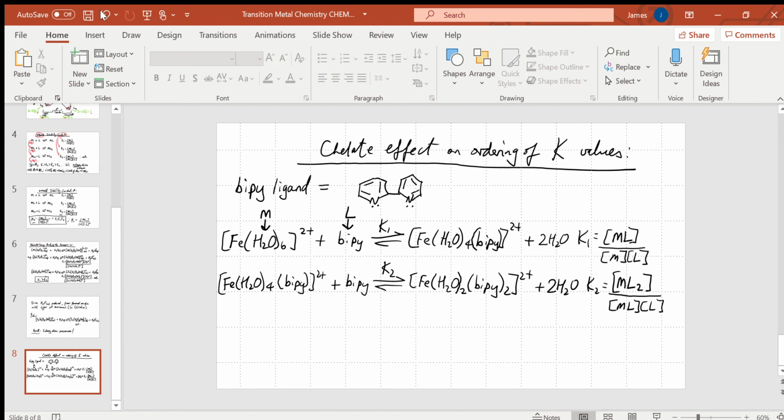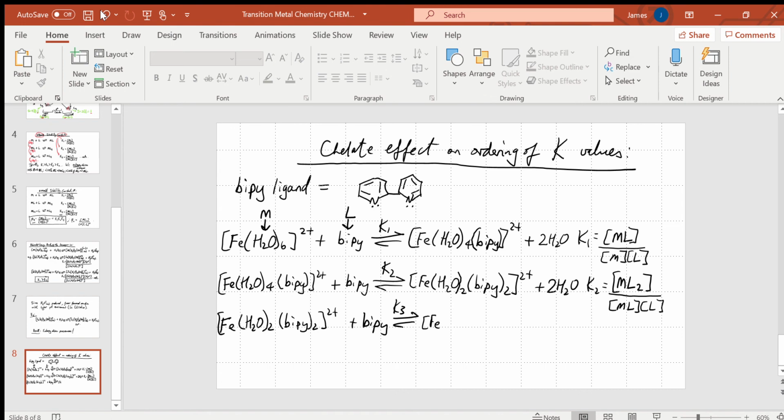And then finally, because we only have 2 more waters left to lose, this will be our last round of Bippy. Fe with 2 water molecules and 2 Bippy. Let's add our third and final Bippy. Establish a new equilibrium constant K3.